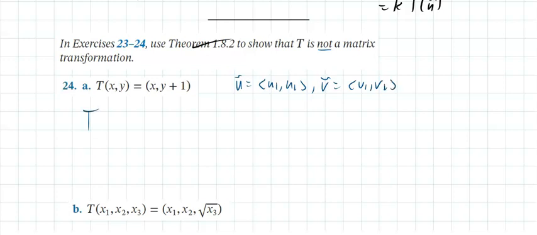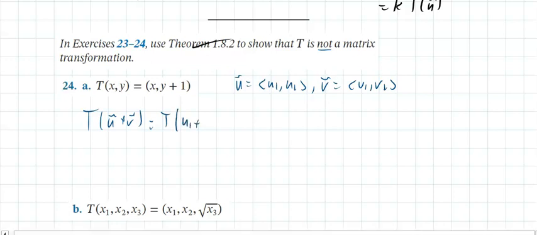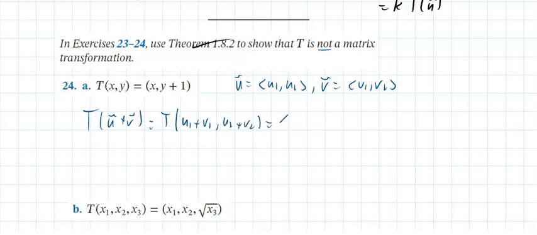If I take T applied on u plus v, wouldn't that be T applied on u1 plus v1, u2 plus v2? And what is that based on this? That's the i component.